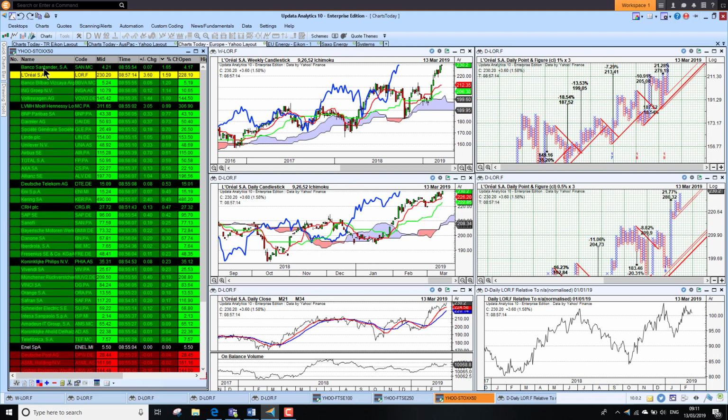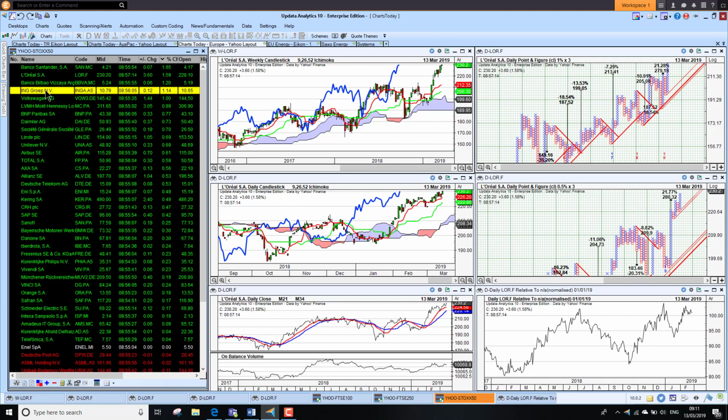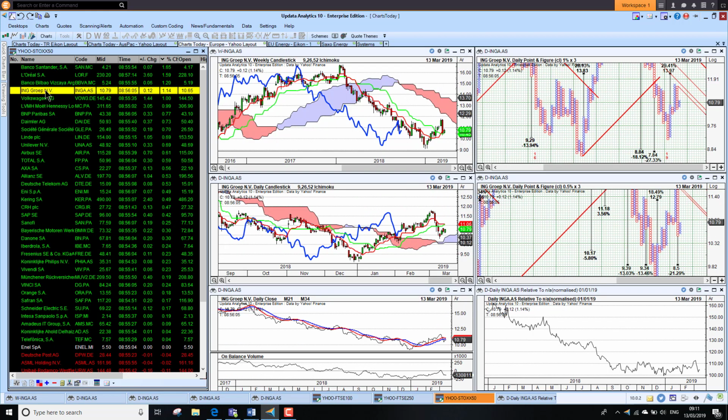That's a great looking chart, really good upside targets here and just pushing higher all the time. It's stocks like that that are pushing the CAC 40 to be the best performer in Europe still. We've got ING up over 1% this morning, but not enough really to take this chart into bullish.